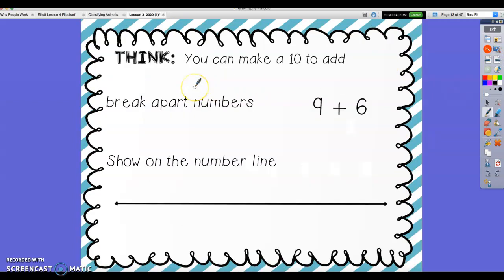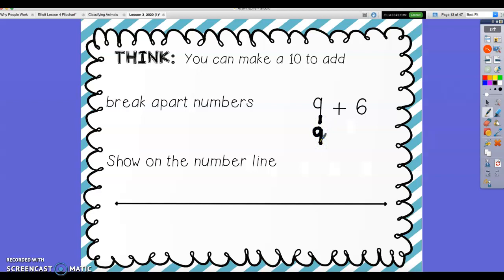All right, so I'm going to show you how to break apart numbers and then show on a number line. The main goal for all of this is to do these in your head. So we have to show you first before you can get really good at doing these types of problems in your head. So to break apart the number, I'm going to just leave the 9 because that's really close to 10.